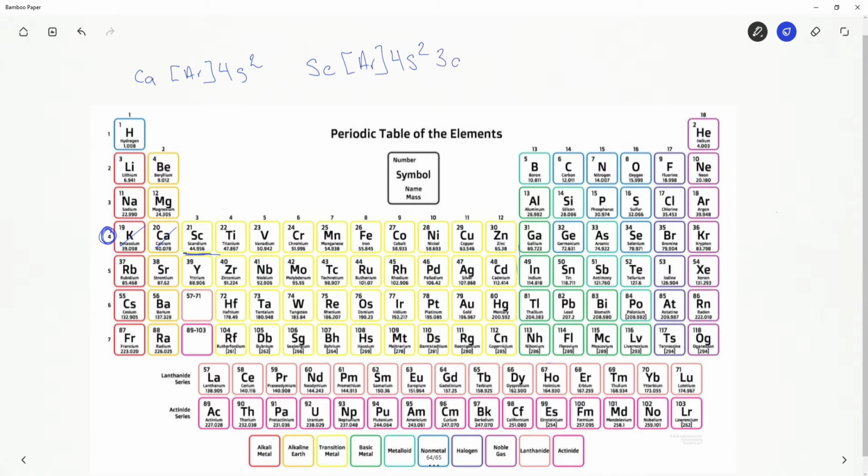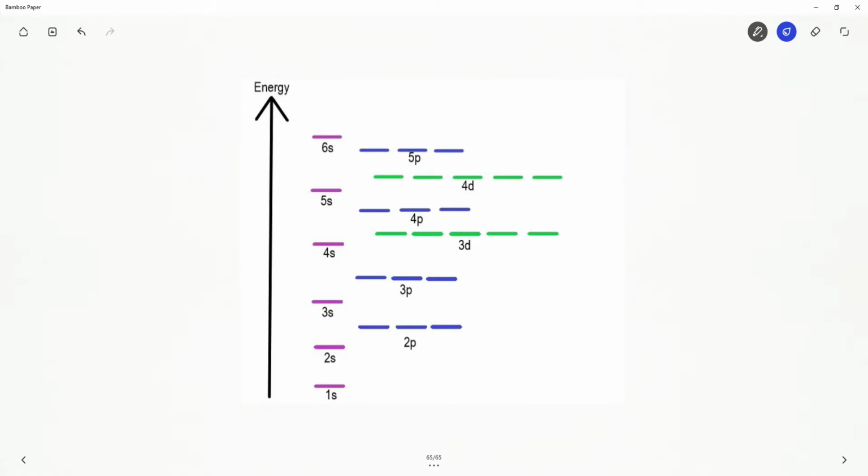So this extra electron in scandium goes in the 3d orbital. And the reason for this is from the energy levels from our orbital energy diagram. So if I am filling my energy level diagram, I will fill the 4s, then I will fill the 3d orbital. It's all about the energy level of the orbital.